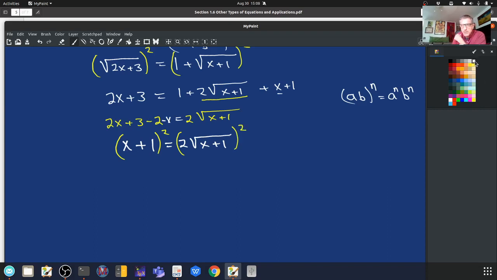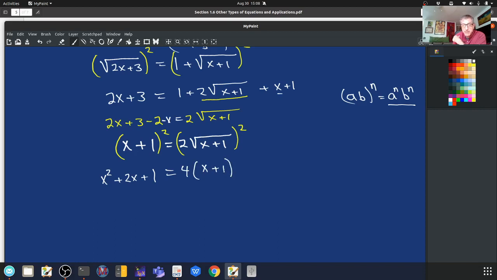So again, I'm going to use the formula (x plus 1) squared is x squared plus 2x plus 1, because I have that special product memorized. And this is (2 times the square root of x plus 1) squared, so by this formula, that's 2 squared, which is 4, times the square root of x plus 1 squared, which is x plus 1.